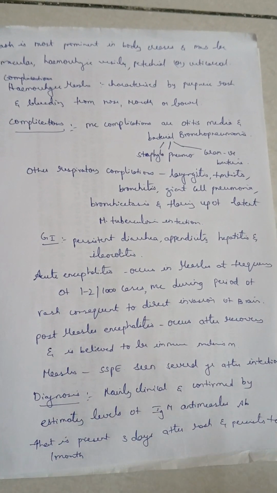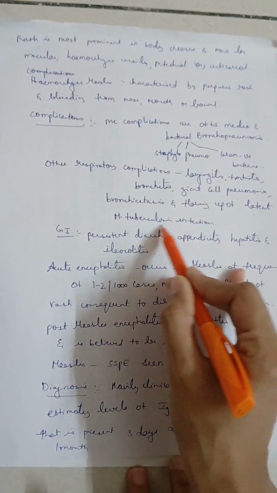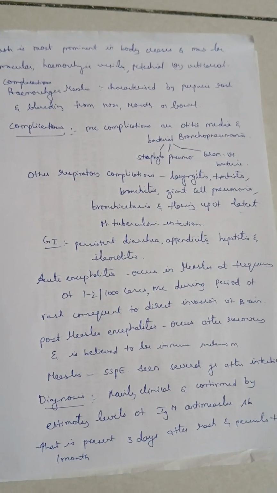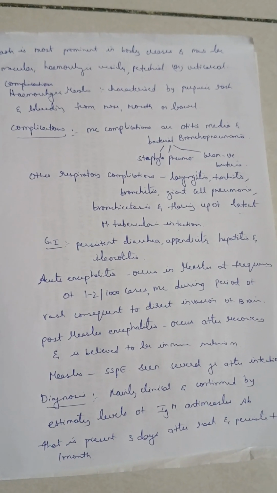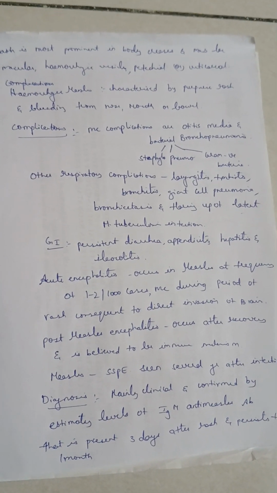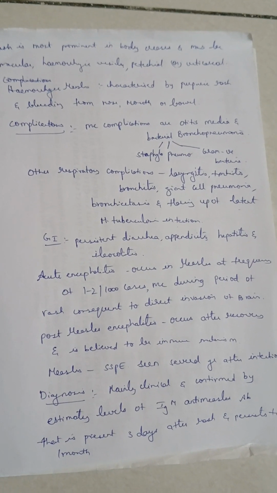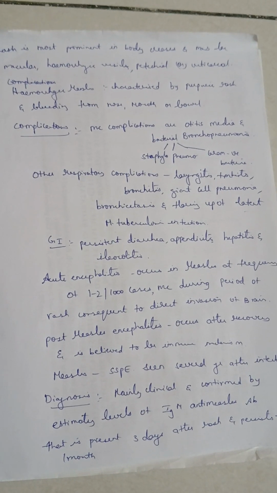This is most important: if the child has mycobacterial tuberculosis infection without symptoms, then measles causes flaring up of this infection. The gastrointestinal complications we see in measles are persistent diarrhea, appendicitis, hepatitis and ileocolitis.